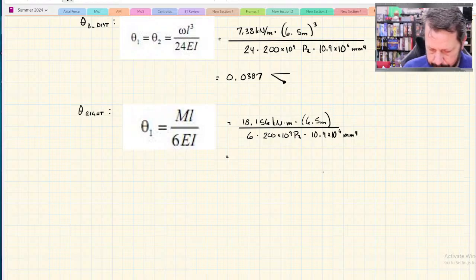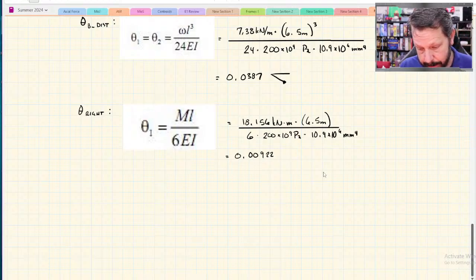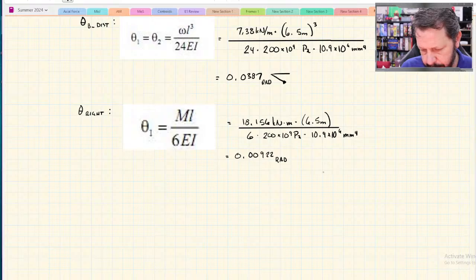Get a really tiny number. 0.00922, not meters, radians. And this angle would be, let's see, I guess it's like that.